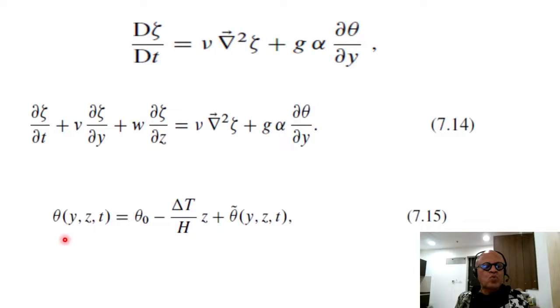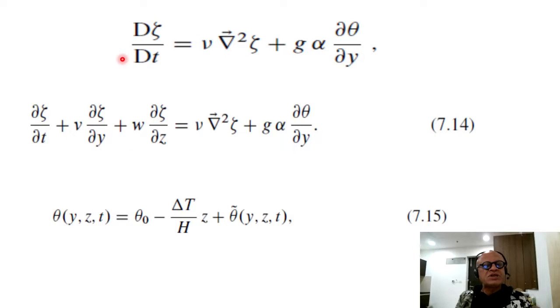So theta in y, z, and in time is given by the background surface temperature theta 0 minus delta T over H times z. So you have the vertical height in the z coordinate, and delta T, which is just theta 0 minus theta 1, the surface temperature minus the top of the atmosphere temperature, plus some perturbation in the meridional vertical plane.